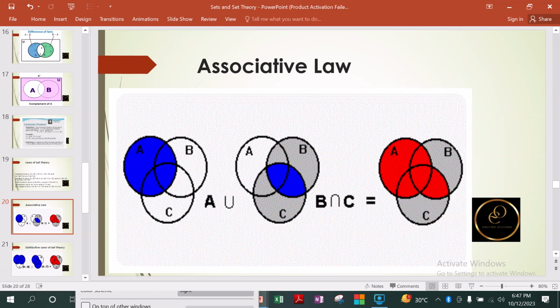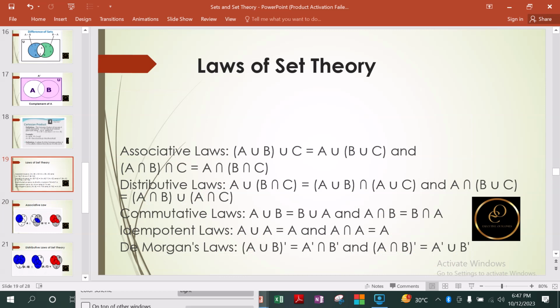So we also have the next one. We look at the distributive law. You literally distribute this into what is in the brackets. In mathematics, when you are given a mathematical statement of this nature, you look at what is in the brackets first. So we have A union, then B intersection C, so you have (A union B) and (A union C).